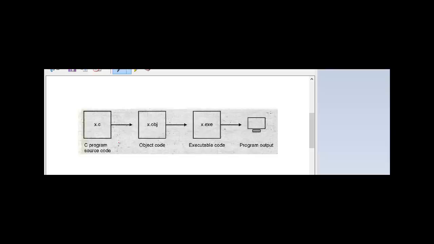So if you write a C program of 10 lines and the header file contains 200 lines, our machine code will have 210 lines.